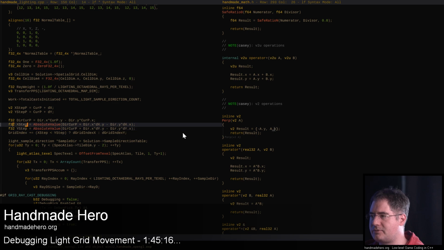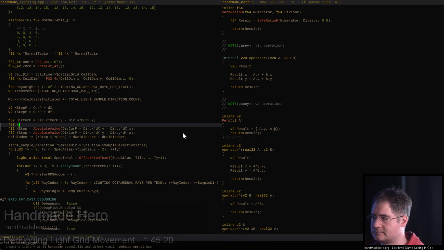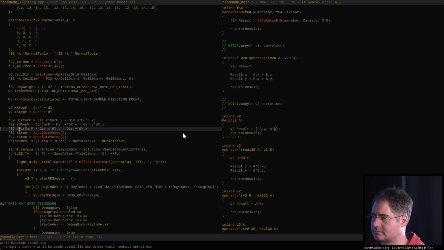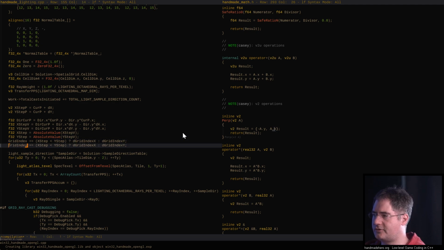So whatever you compute for these values in here, before you absolute value it, I think you can also just keep.